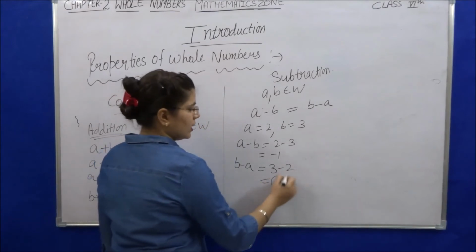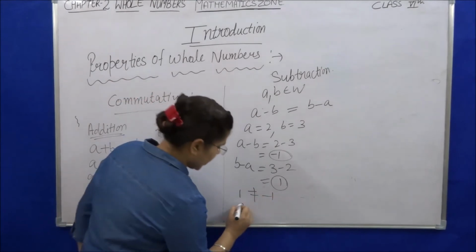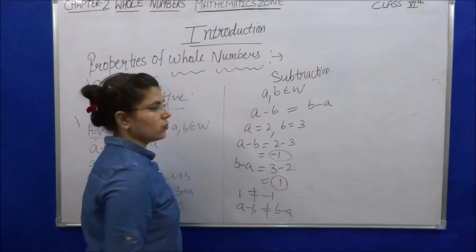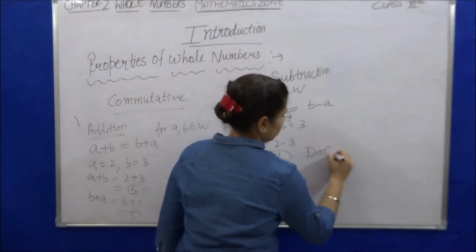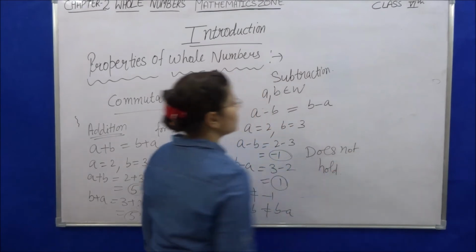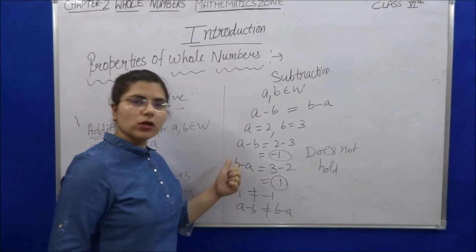So here 1 is not equal to minus 1. That means A minus B is not equal to B minus A. So commutativity does not hold under subtraction in whole numbers.